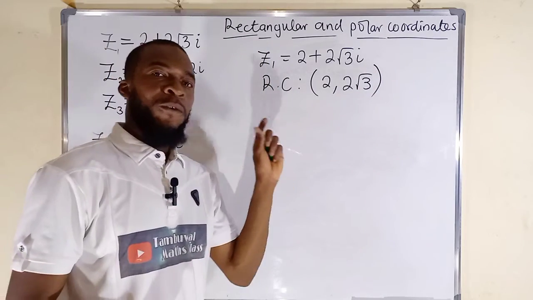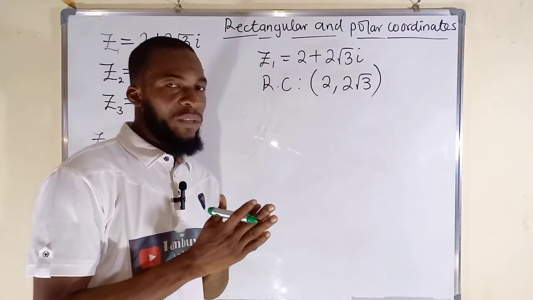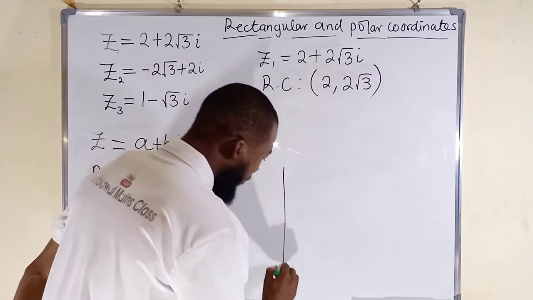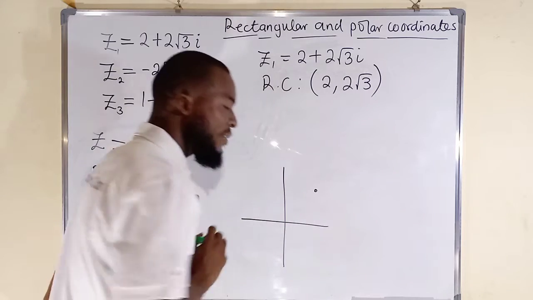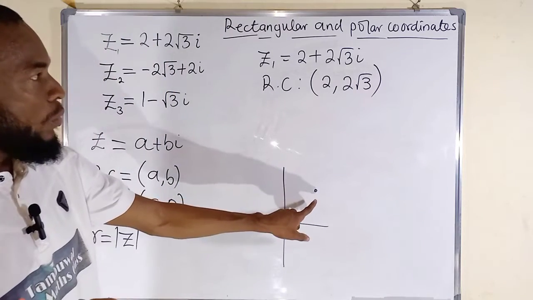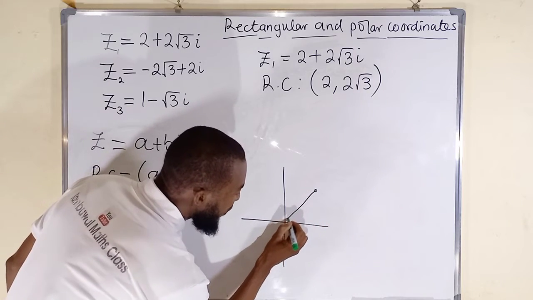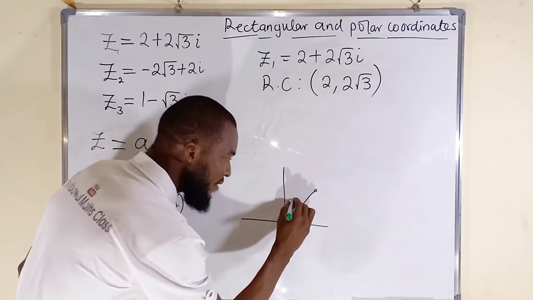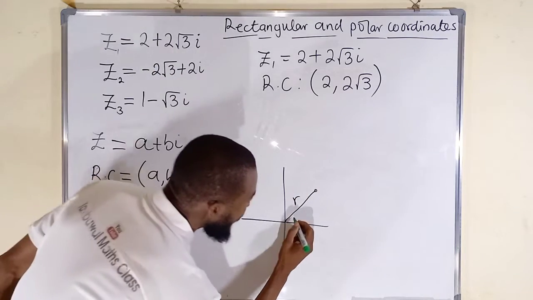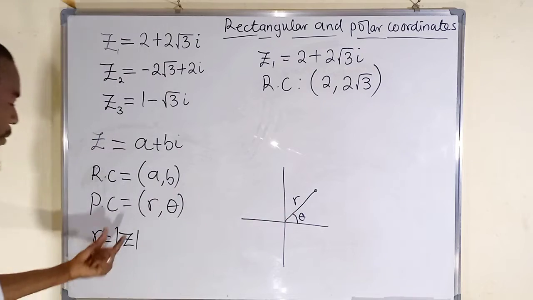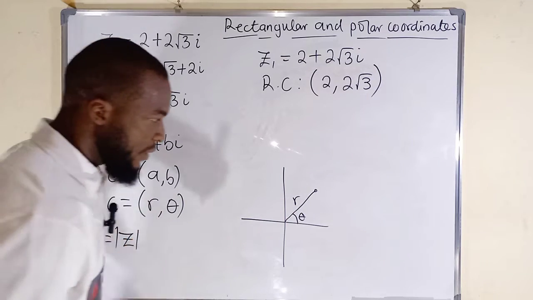But for the polar coordinate, you have to calculate the distance and also the angle subtended. So assuming this is our complex number here, 2 plus 2 root 3 i, we are looking for the distance from the origin, that is r, and also this angle right here, theta. So we need these two to obtain our polar coordinate.